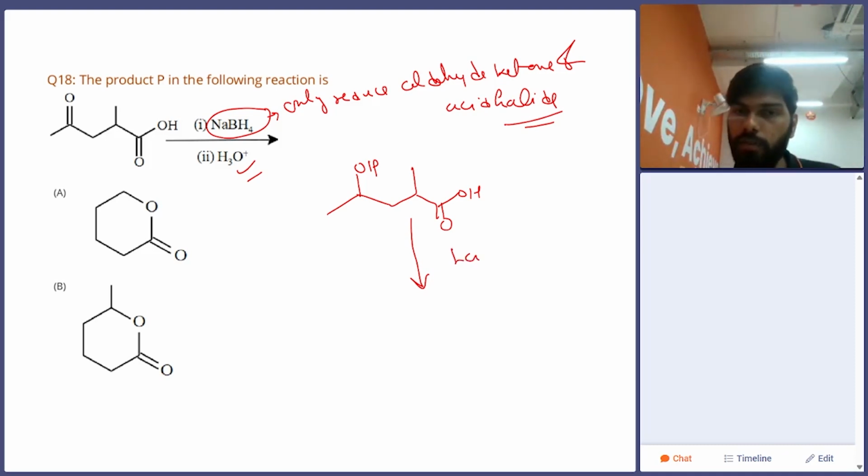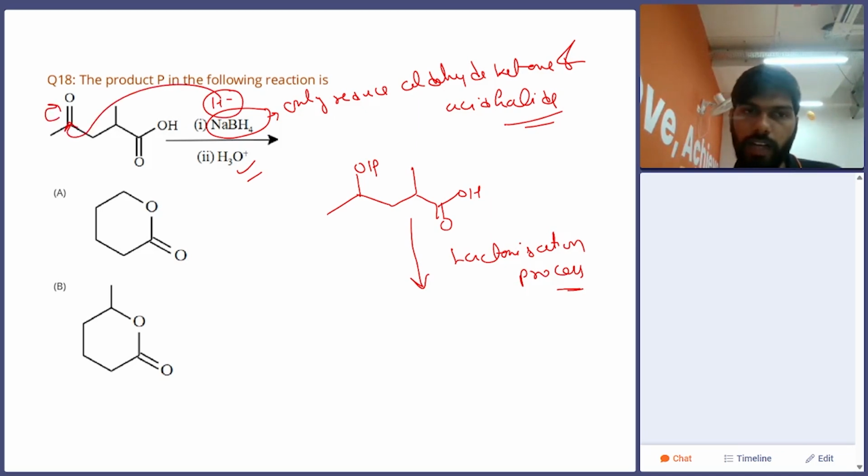This reaction will further go through lactonization. Those who have a doubt: with NaBH4, hydride H minus will come and first attack the carbon, and then from H3O plus, H plus will attack this one, OH will form, and this is the reaction product.